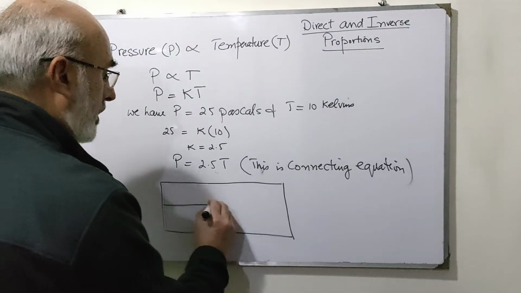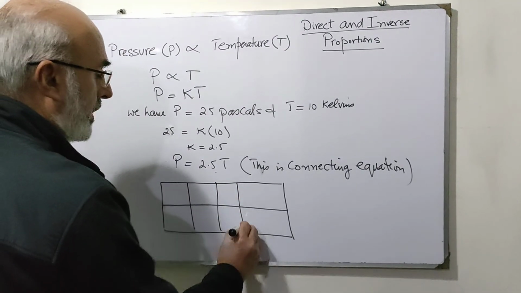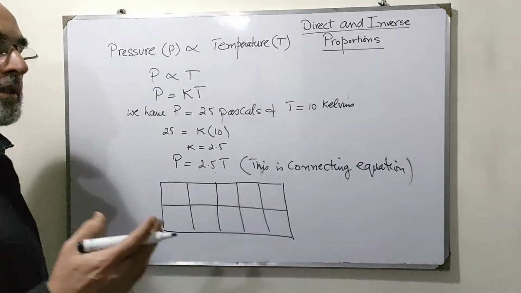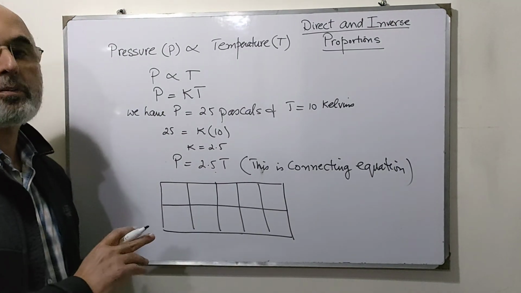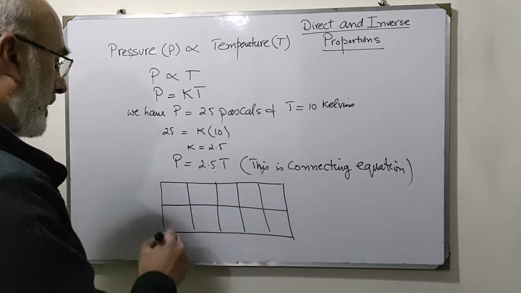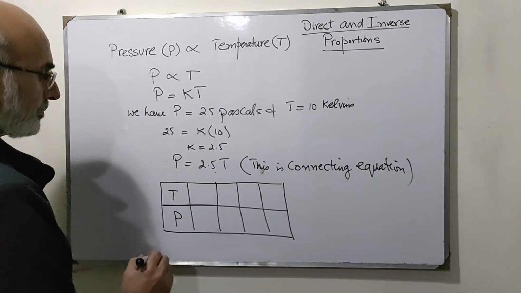We have discussed that the graph of direct proportionality is a straight line, and it also passes through the origin. Now we have temperature and pressure.